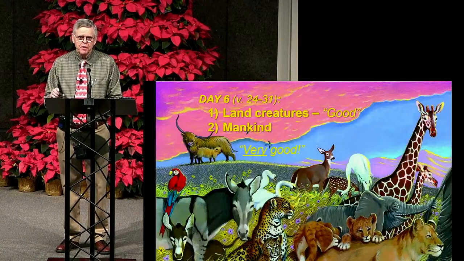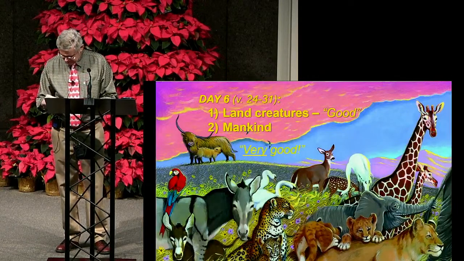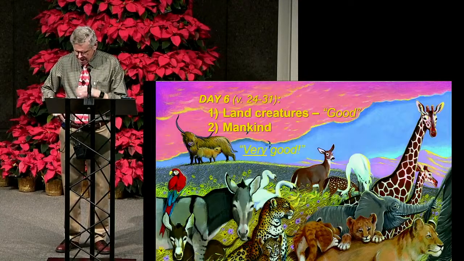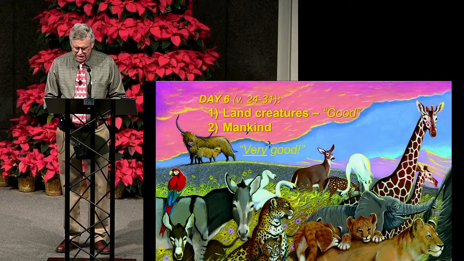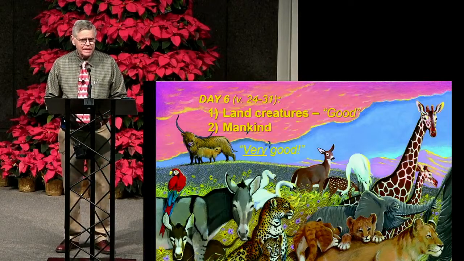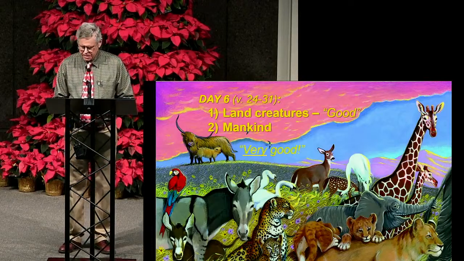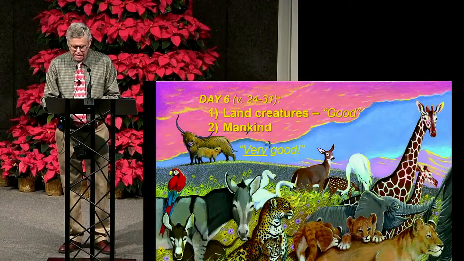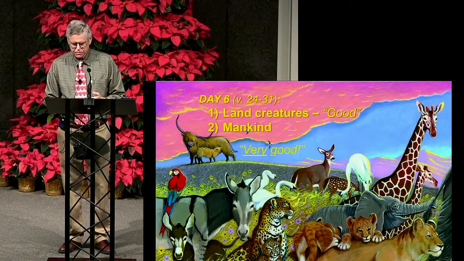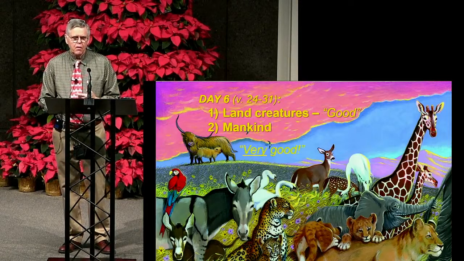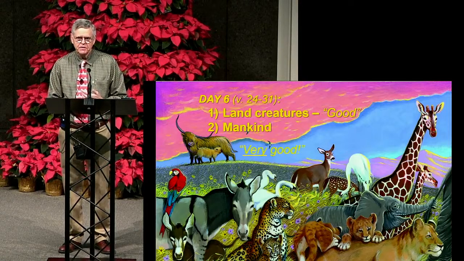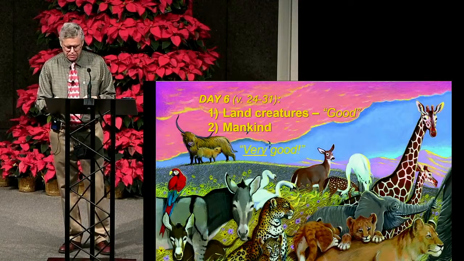And finally, we come to our part of the story, our ancestors. On day 6, God created all the land creatures, including mankind. He created all the insects, reptiles, cattle, all the beasts, all the ancestors of the felines and the canines, and all those things were made that day.